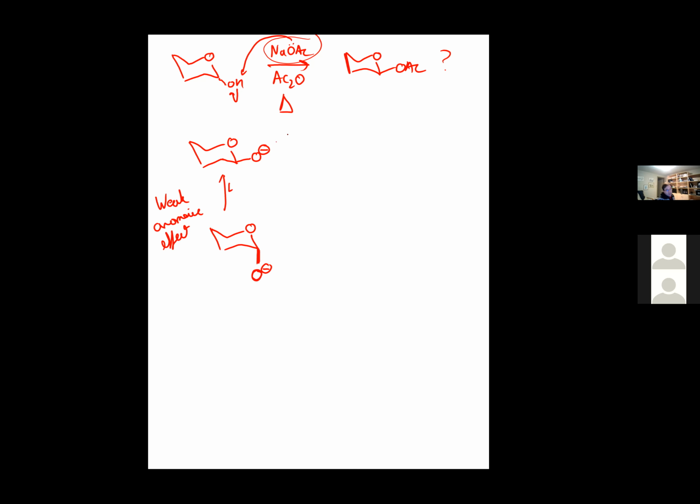So I think we've already seen this example. Negative charges sit equatorial. And we're going to see this again in a couple of classes. And the second one is, so you have more of this, and also, in general, anomeric effect be damned, not present, equatorial is faster than axial.